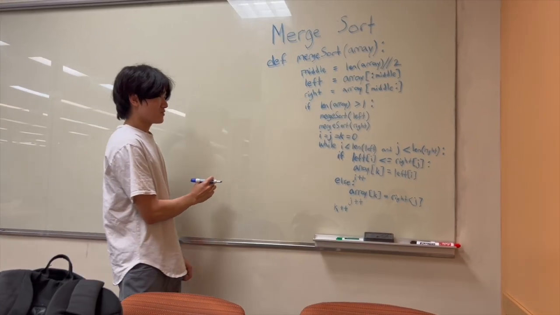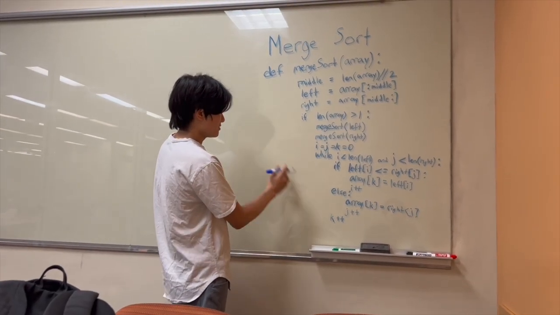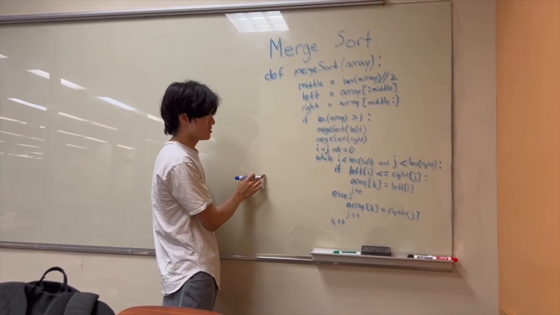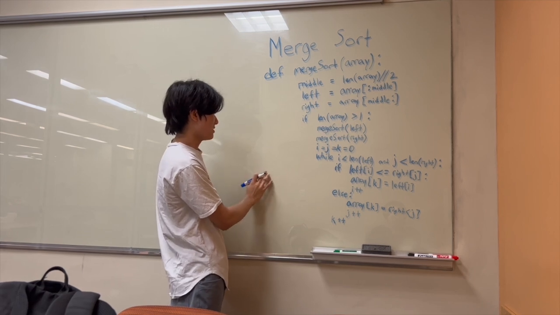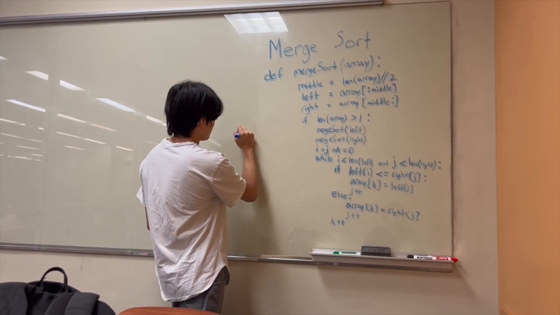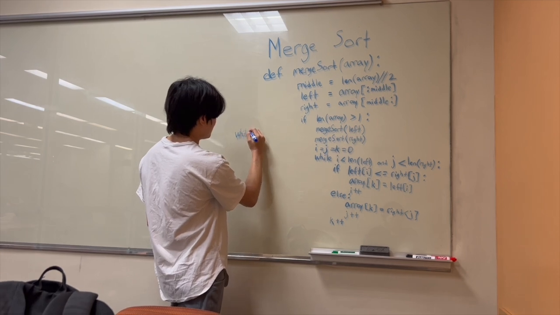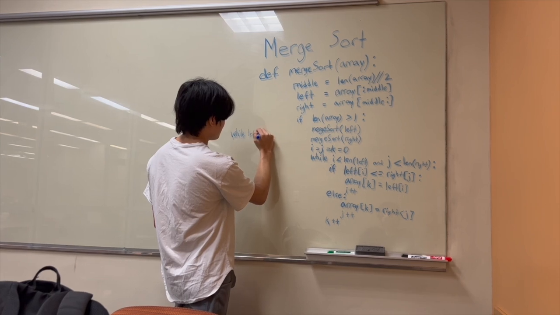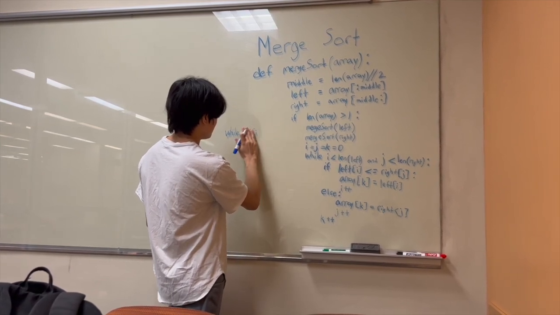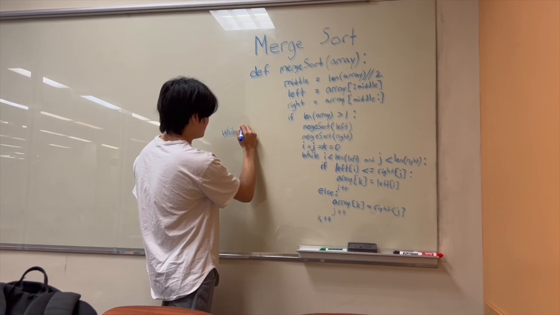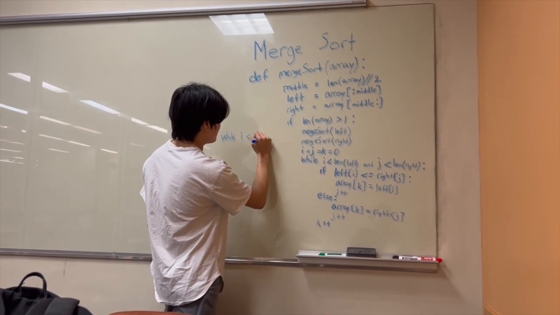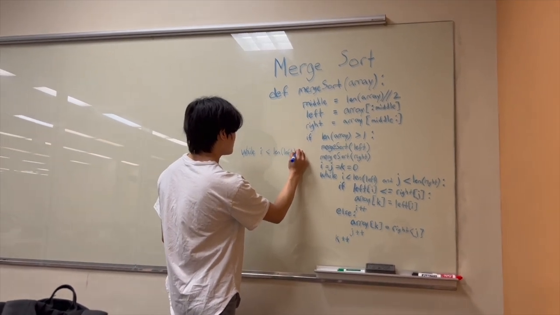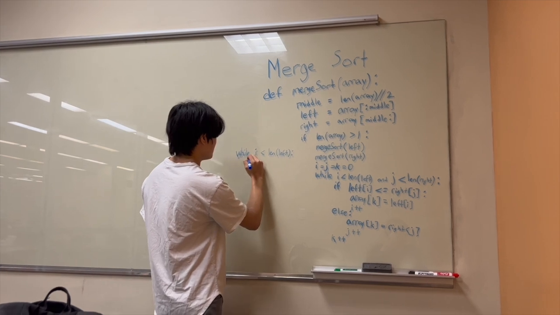And then for the leftover values in the array, after this while loop goes, we'll have while loops to add the rest of the values in left or right into the sorted array. So we'll have while i is less than length of left, we'll add it to the array.